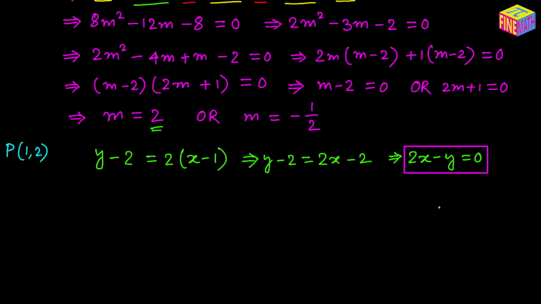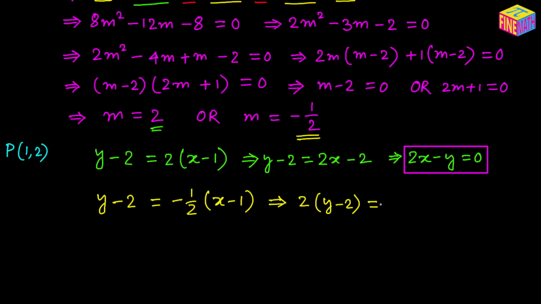And let's try to come up with the equation of the second new line. Well, for the second one we can say it would be y minus y sub 1, which is 2, is equal to the slope. This time I am going to use the negative 1/2, so that would be negative 1/2 times x minus x sub 1, and from here if we multiply both sides by 2, then we get 2 times y minus 2, and then on the right hand side it would be negative 1 times x minus 1, which is actually equal to negative x and positive 1.